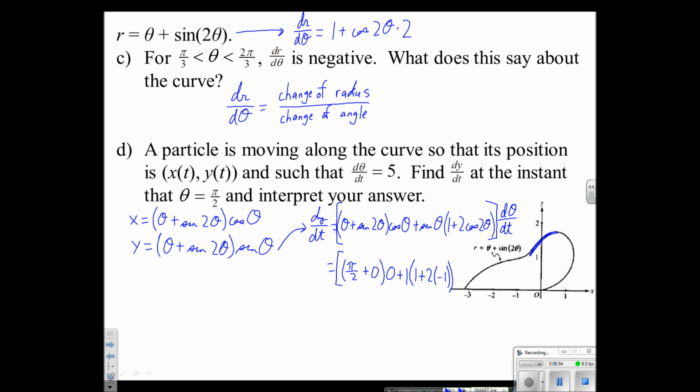And then times d theta over dt, which we're told is 5. If I work all that out, I believe I'm getting an answer of -5. So the value of pi over 2 is nice.